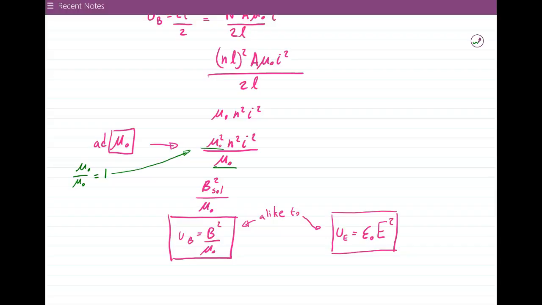What happens to the 2 in here? Where'd it go? Should be right here. And I guess this is supposed to have a 2 in it as well, does it?